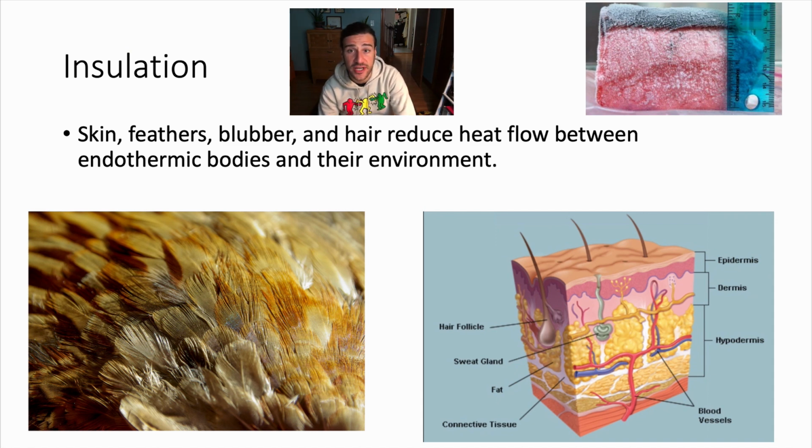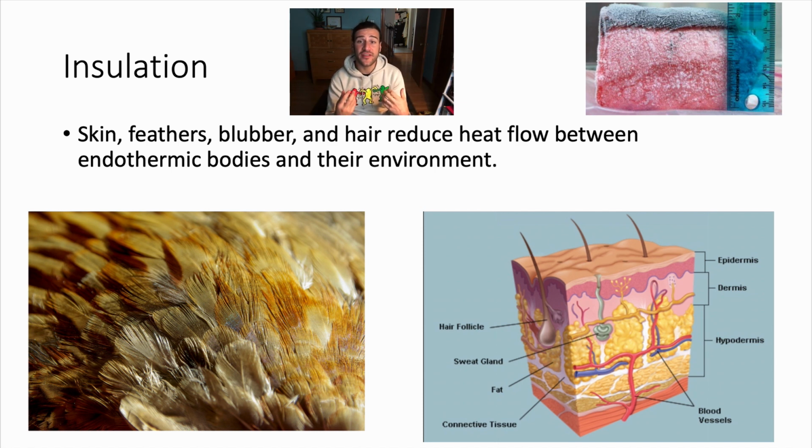So insulation. Organisms that are endothermic are always going to have some insulative structures. For example, birds, they have feathers. And interestingly enough, feathers first evolved not for flight, but for insulative purposes, right?